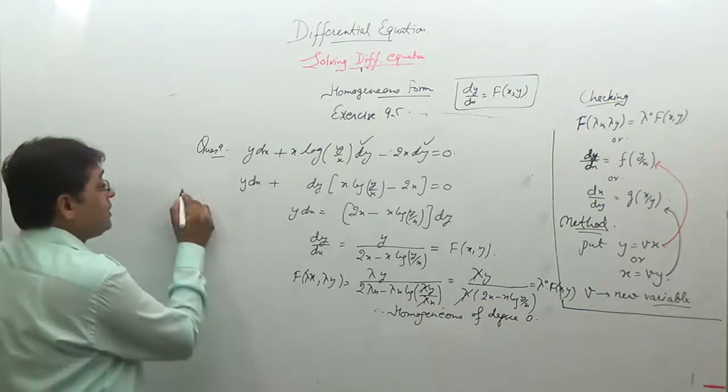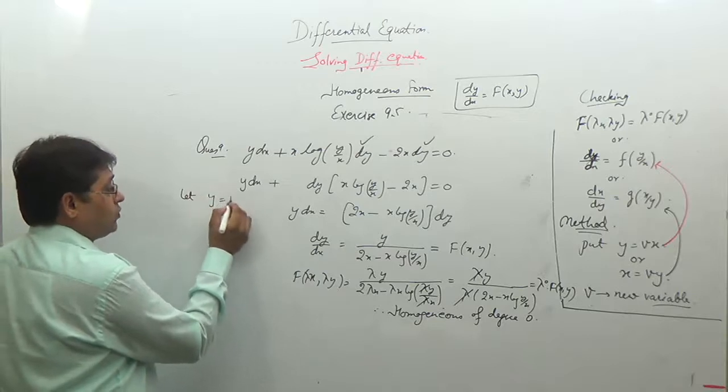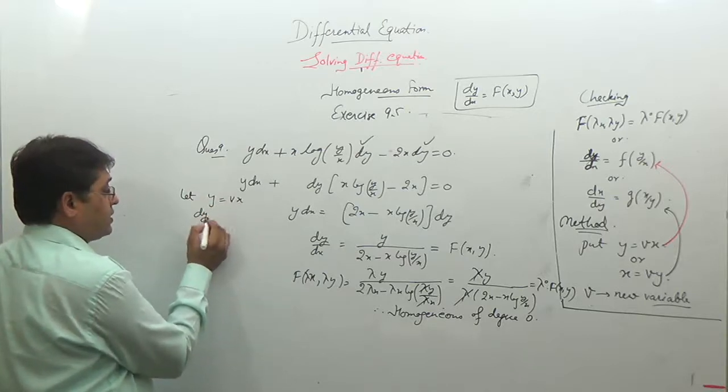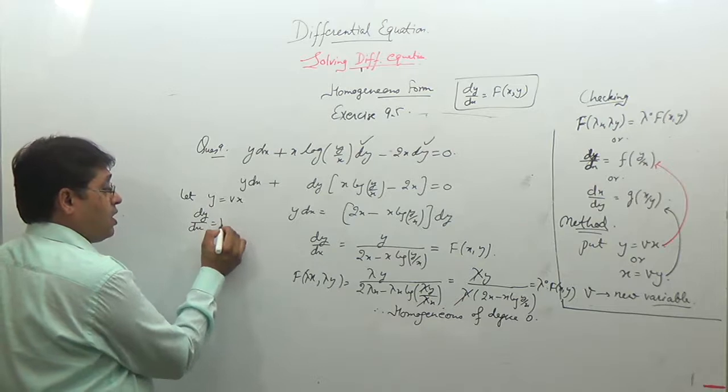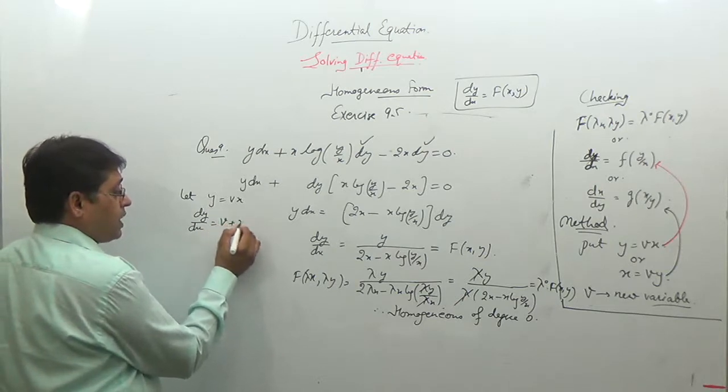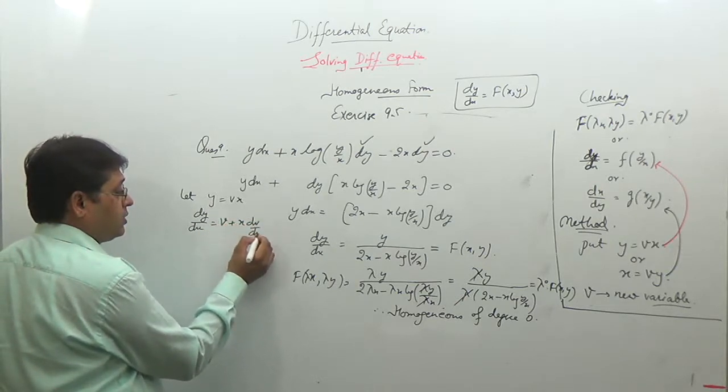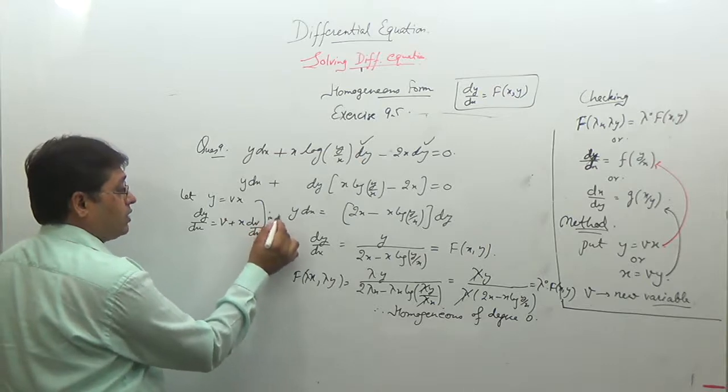Now let y is equal to vx, again differentiating, dy by dx will be v plus x dv by dx, again substitute in 1.